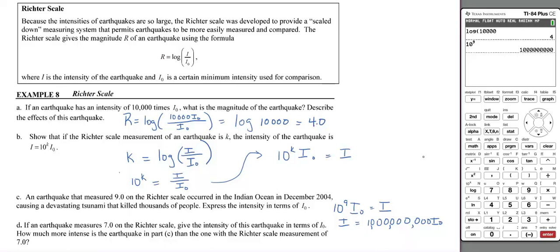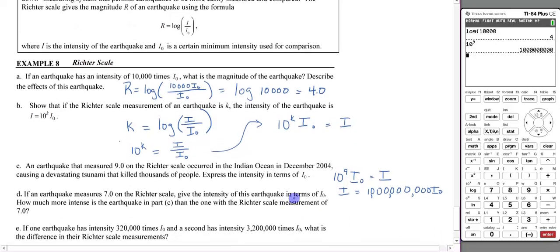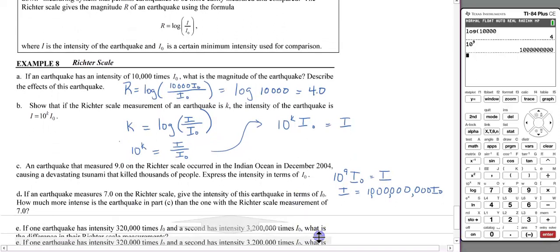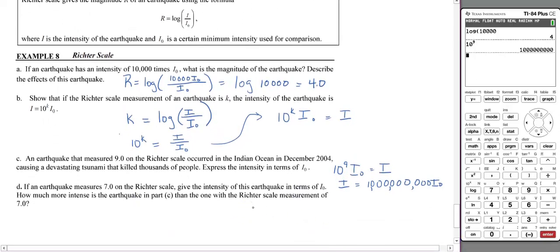Now if an earthquake measured 7.0 on the Richter scale, give the intensity of the earthquake in terms of I sub O. And how much more intense is the earthquake in part C than the one with the Richter scale measurement of 7.0.